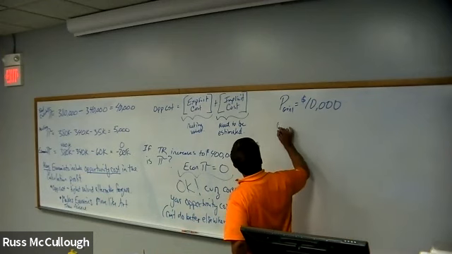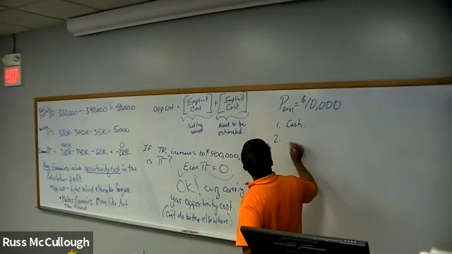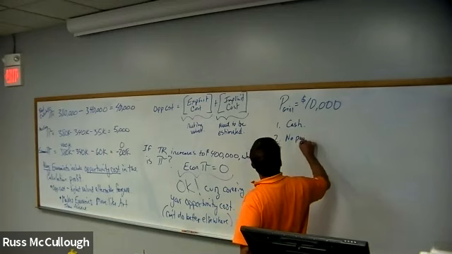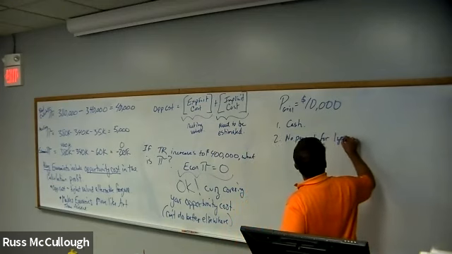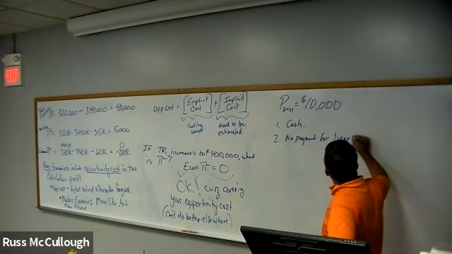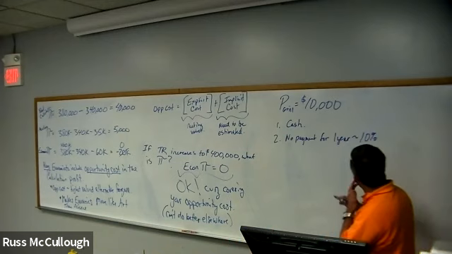Option number 1 is to pay cash. Number 2 is no payments for 1 year, and you just pay the 10% interest.